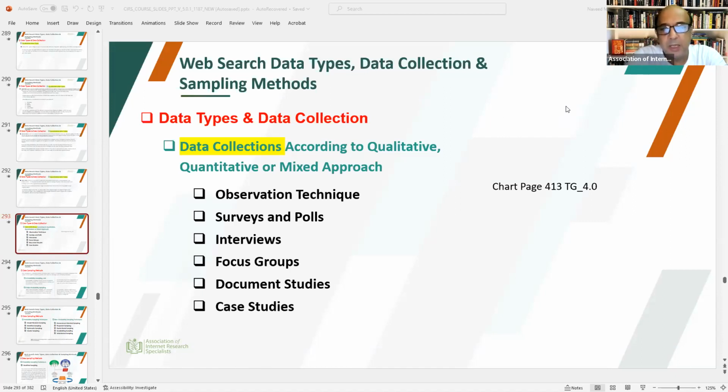But to collect that information, you need to be organized enough that you have covered different aspects of how you are going to approach that observation.